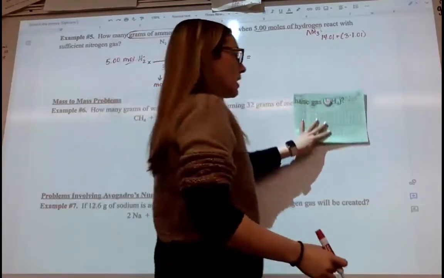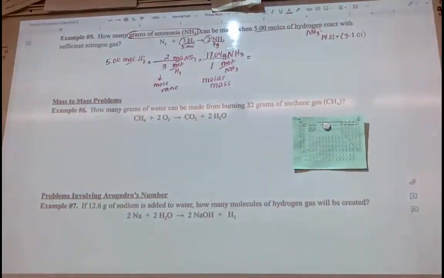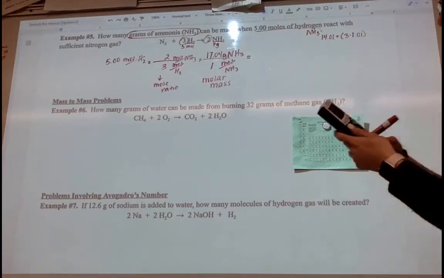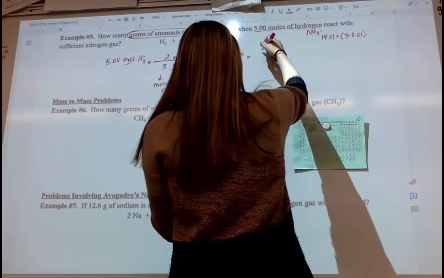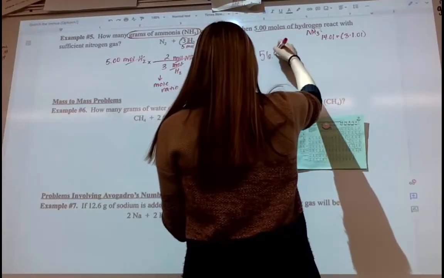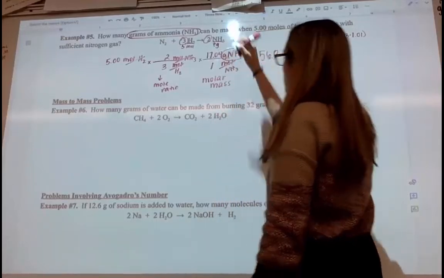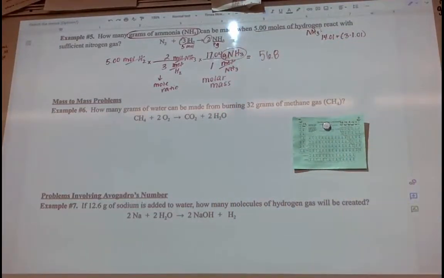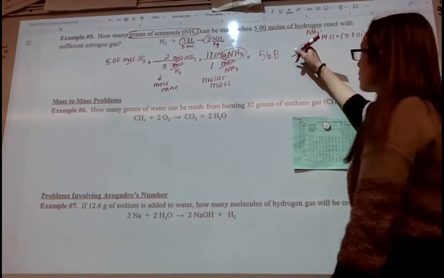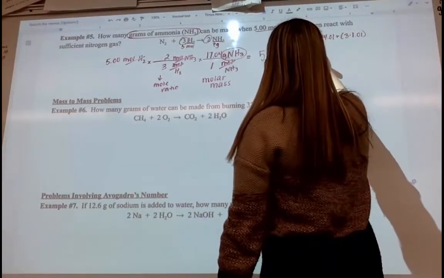All right, so you multiply across the top. 5 times 2 times 17.04. Divide by 3. We get 56.8. Look at what unit we didn't cross out. That's the unit of our answer. Grams of NH3.